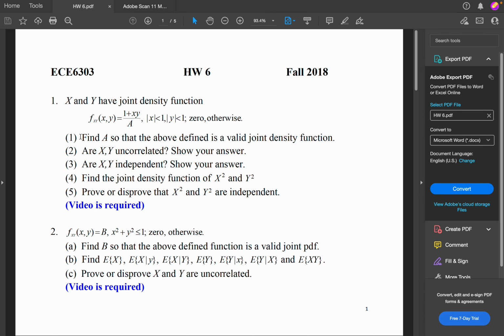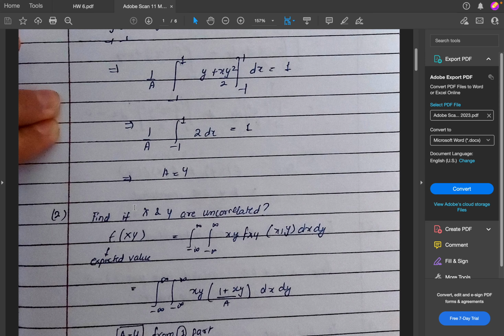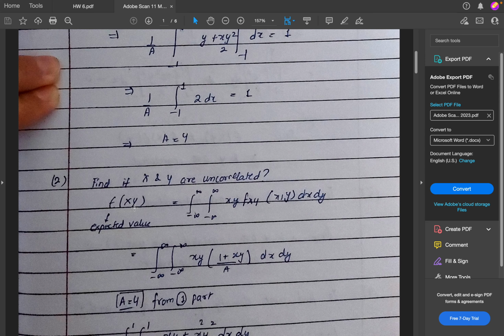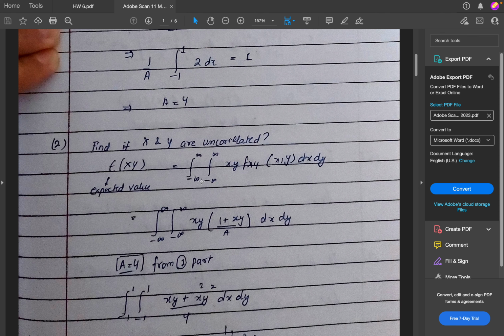Now for the second part, we need to find if x and y are correlated. For this we will find the expected value of xy. That will be equal to the integral of xy times f(x,y) dx dy, ranging from -infinity to infinity.